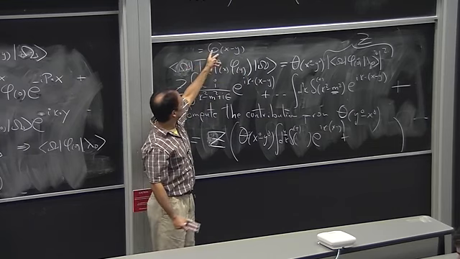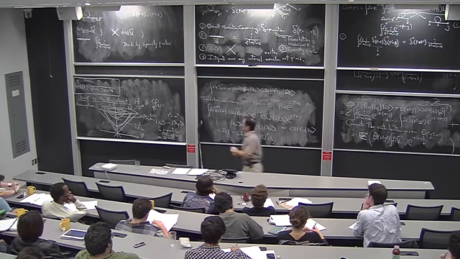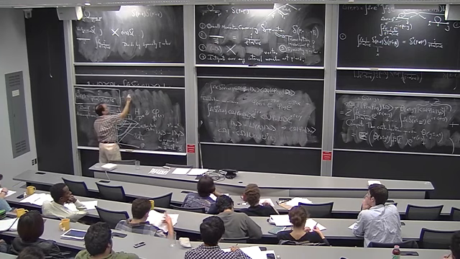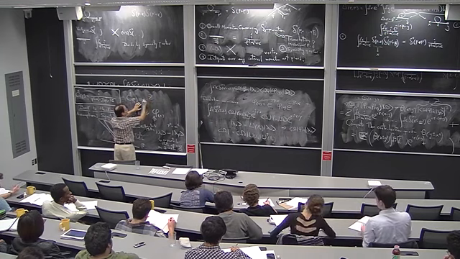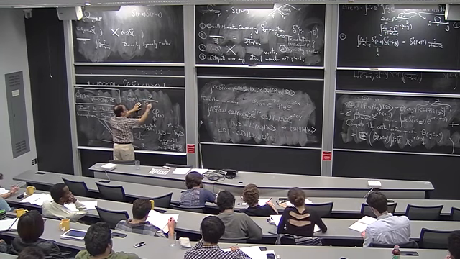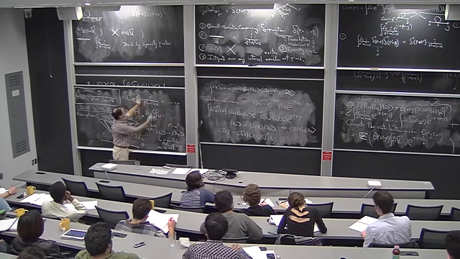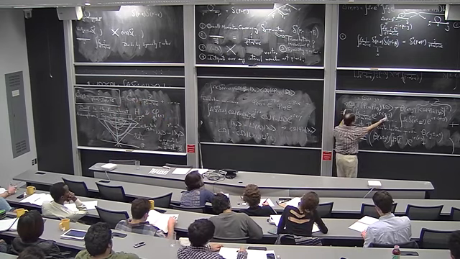So if we Fourier transform this guy, what are we going to get? What we learned is that if we Fourier transform the full physical object, we're going to get something that looks like z over p squared minus m squared plus I epsilon, plus other stuff. This will be the Fourier transform of this object.